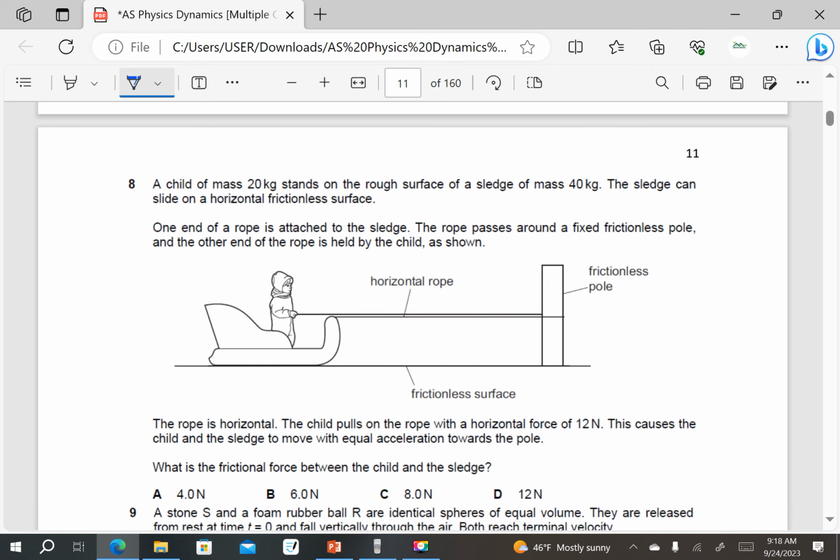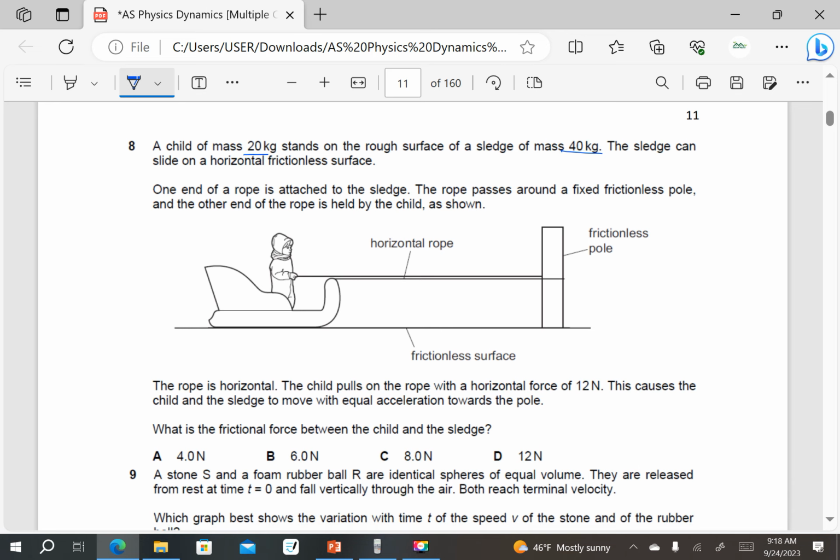A child of mass 20 kilograms stands on the rough surface of a sledge of mass 40 kilograms. The sledge can slide on a horizontal frictionless surface. One end of a rope is attached to the sledge. The rope passes around a fixed frictionless pole, and the other end of the rope is held by the child, as shown.